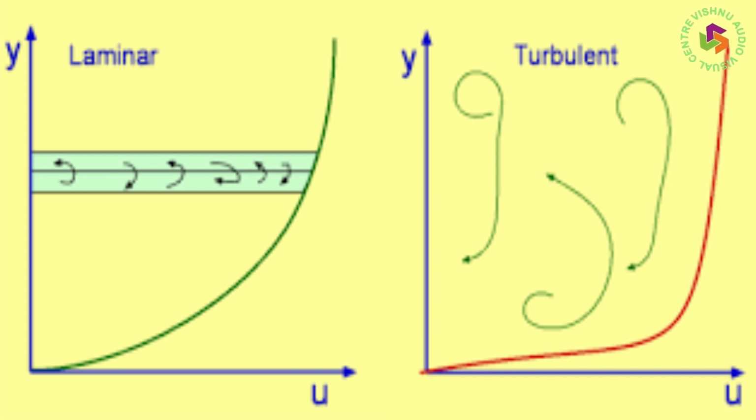Similarly, the shear stress is also at any point you are calculating it. That's also no problem. But the drag force, when you are calculating on the entire plate, some portion is laminar, some portion is turbulent boundary layer. So there a little bit of difference is there.